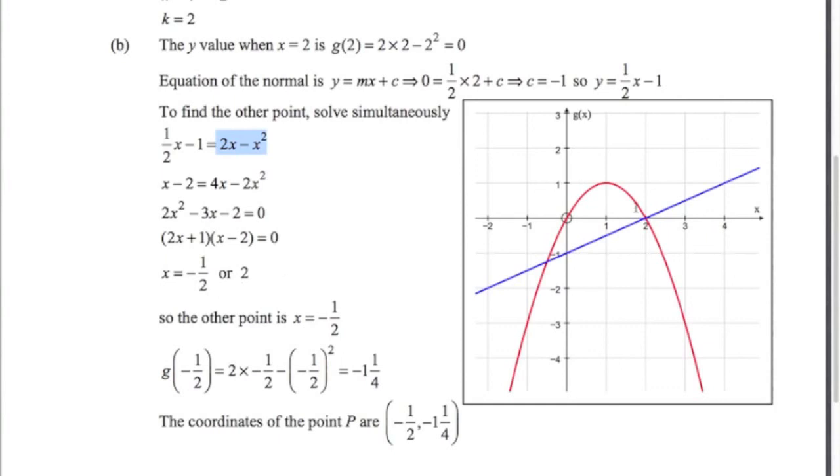I already know that x equals 2 is one point of intersection, so the other one must be x equals negative a half. Now we want the coordinates, so we can't just leave it with the x value. We have to find the y value. So I'm going to substitute minus a half back into the original equation, which is 2x minus x squared. Put that into my calculator, it gives me minus 1 1/4. So there's the coordinates of the point P: minus a half, minus 1 1/4.